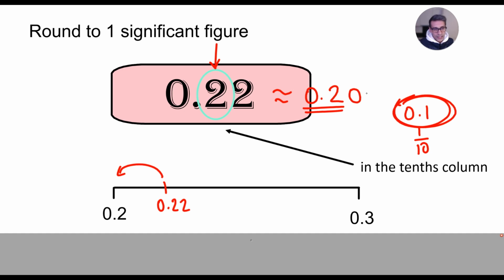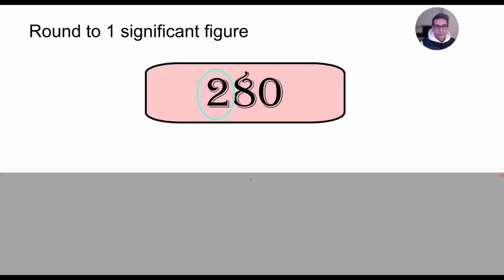You should not be adding zeros at the end here. It's very important you leave any trailing zeros out of the answer, and you'll see why in a few more examples. So here, look at the place value of the significant figure and then round to that.